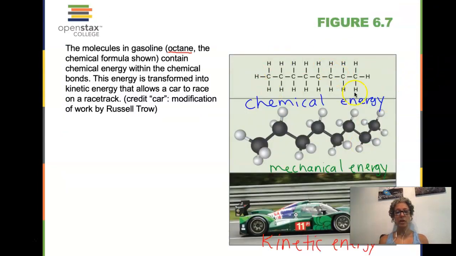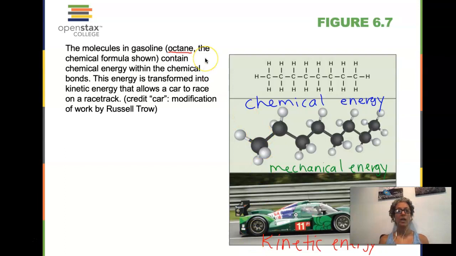So here's our chemical energy. This is gasoline. We can convert that chemical energy into mechanical energy, and that mechanical energy into kinetic energy of moving a vehicle forward.